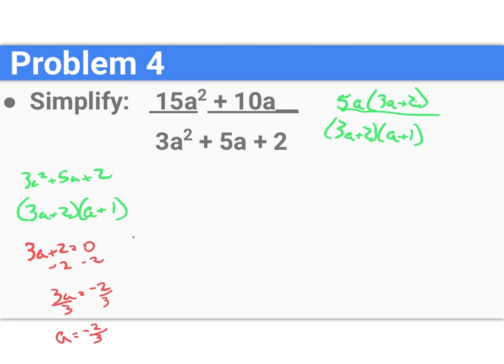Okay, so let's look at a plus 1 equals 0. Subtract 1. a equals negative 1. Okay, so those are our two excluded values. And now we can go ahead and cross out what's alike. So our simplified solution is 5a over a plus 1.